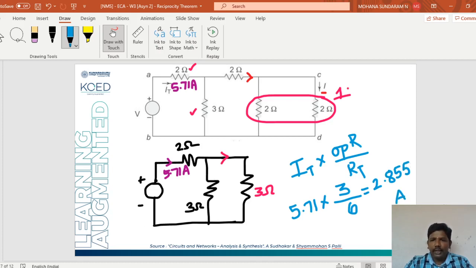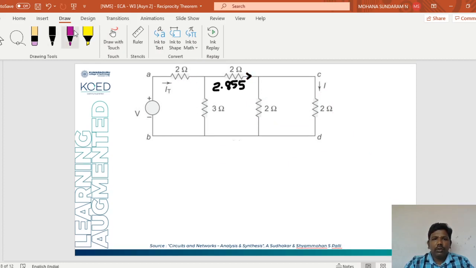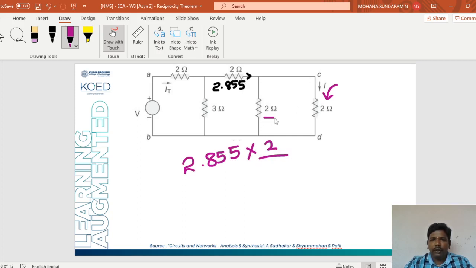Right. Now we'll go to the next step. So when you look at this diagram, now we have found out this current, 2.855. We are very much concerned with finding this current value. Again, apply current divider to this. So total current, that is 2.855, into opposite resistance, the resistance opposite this is 2, divided by total resistance, which is 2 plus 2, that is equal to 4.